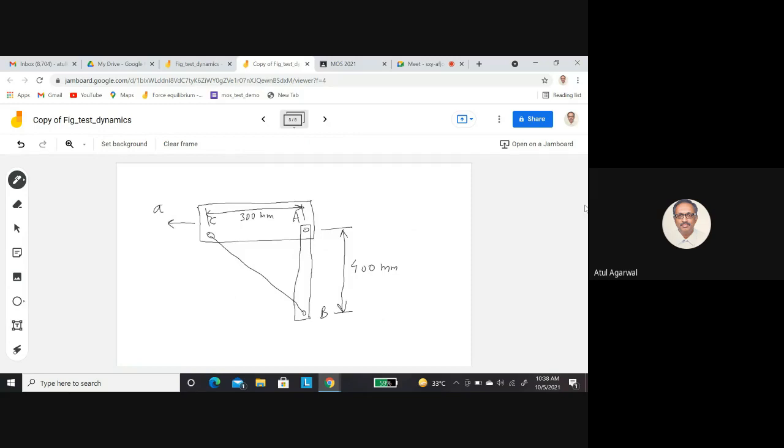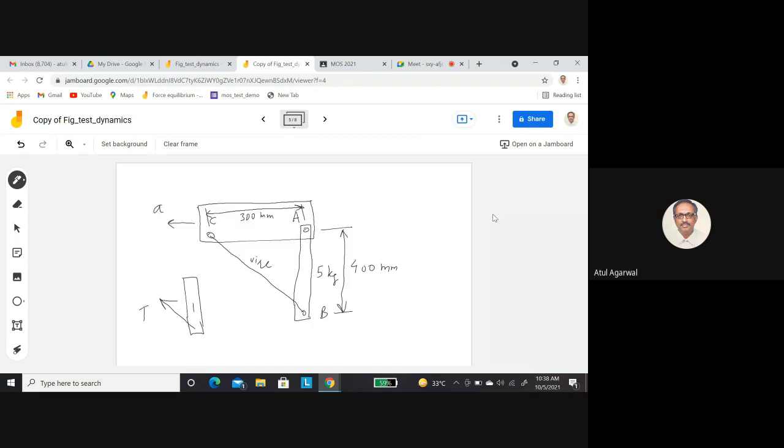Then this is another problem. I don't know if probably this bar was 5 kg. So you have to draw the free body diagram of this bar. So this is some wire. This wire can take only tension. So there is some tension here.